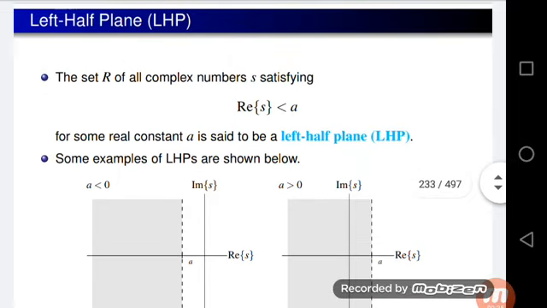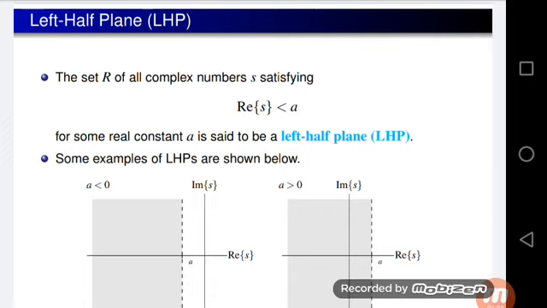In ROC, the set R of all complex numbers s satisfying Re of s less than a, where a is a real constant, is said to be the left half plane, LHP.